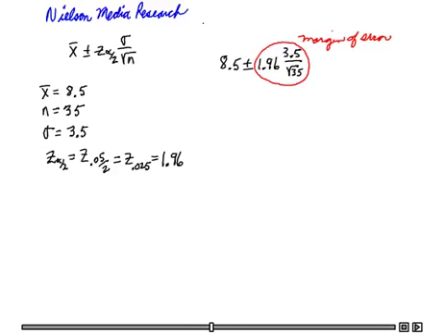And calculating that, I get 1.16. So 1.16 is my margin of error. So while I'll estimate the population average viewing time per week at 8.5 hours, the real population average is within 1.16 hours of that.